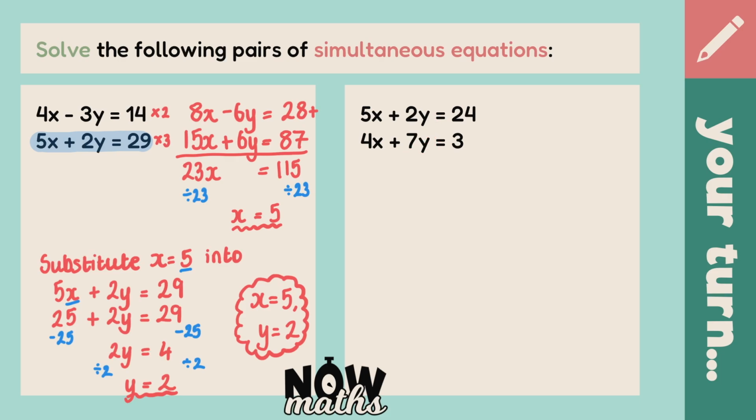If we are going to make 2y into 14y, we'll have to multiply the top equation by 7, and when we multiply by 7, 5x multiplied by 7 is 35x, then 2y multiplied by 7 is 14y, and 24 multiplied by 7 is 168.